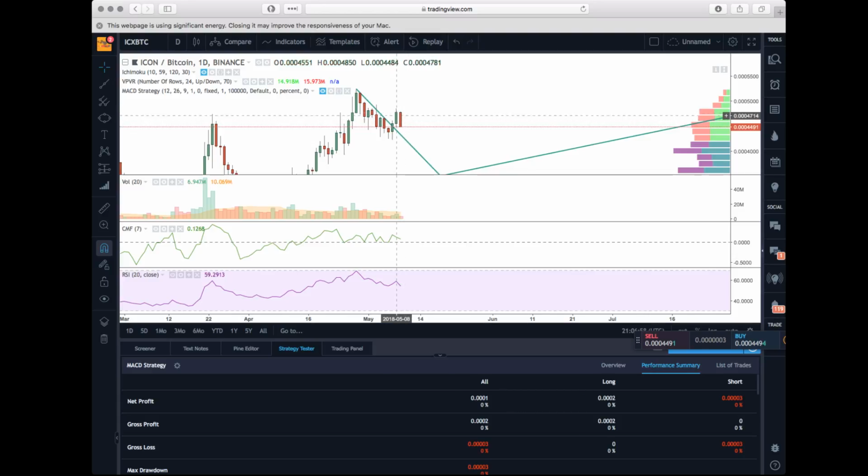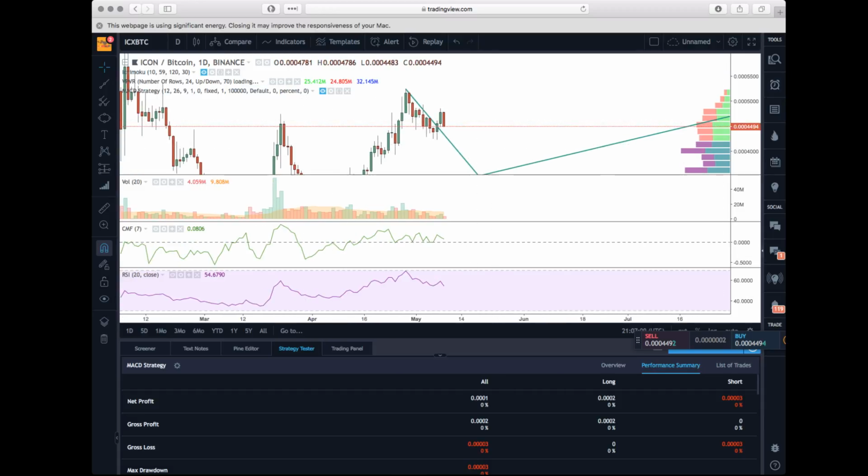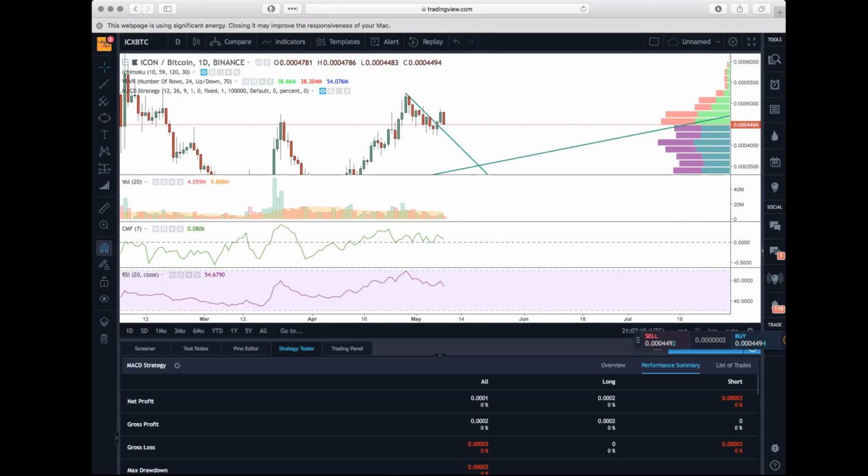We've got this big red candle. That's great, actually. I think probably either one of my buy orders probably filled or is about to fill. The one thing that's not great is that price is below this previous high.